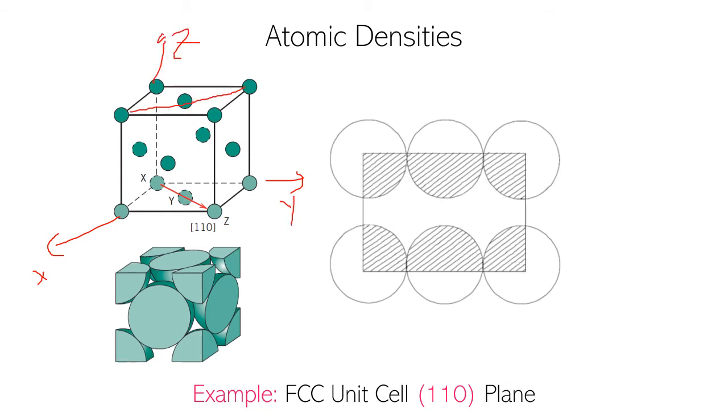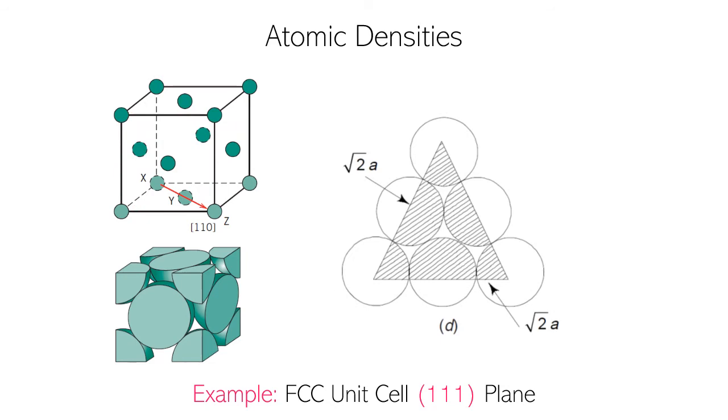This is the 110 plane in the FCC crystal structure, and the atomic packing is shown in this picture. You can see that the atomic packing in the 110 plane is different than the 100 plane, and this is the 111 plane, and the atomic packing along this plane is shown in this picture.